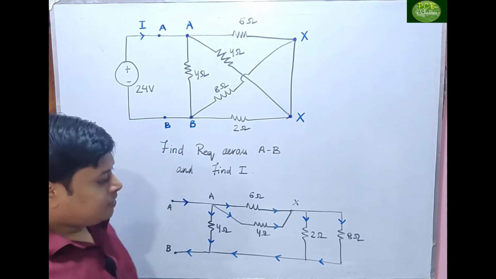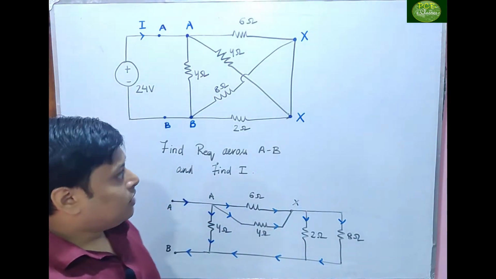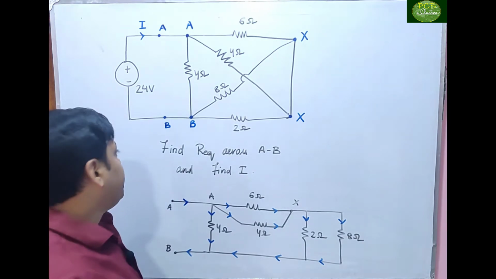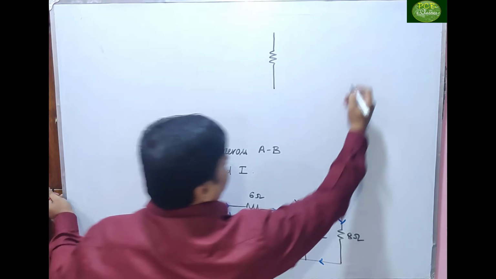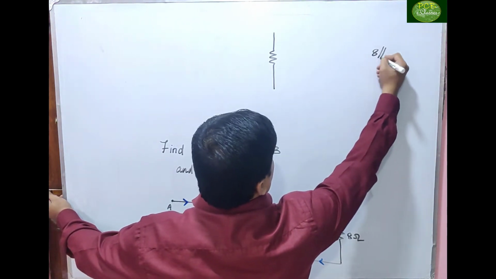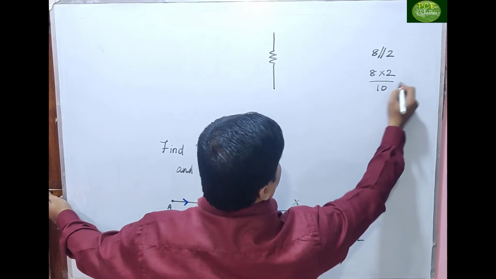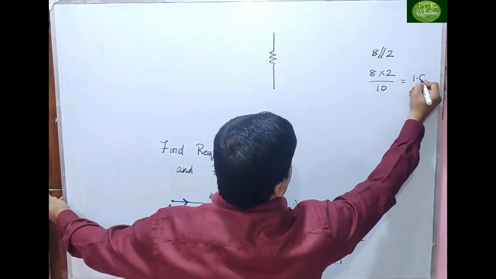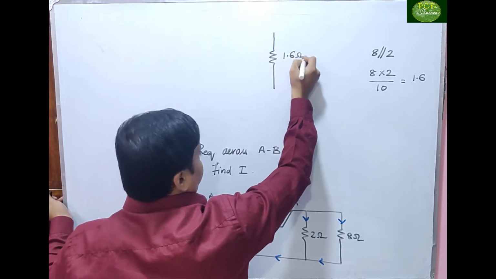Now see here, can I say 2 and 8 are parallel? Yes. So I will redraw that one. I will erase this one and I will redraw it. 8 parallel 2. How much? 8 into 2 divided by 10. So it will be 1.6. So I am taking this one as 1.6 ohm.